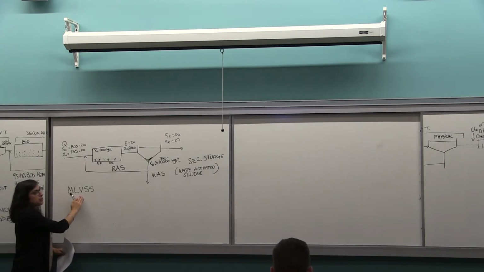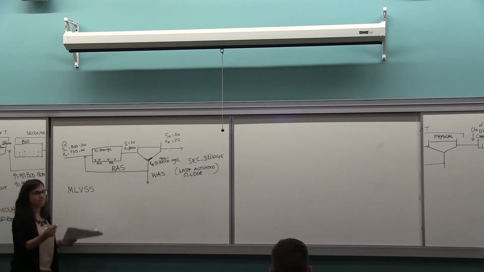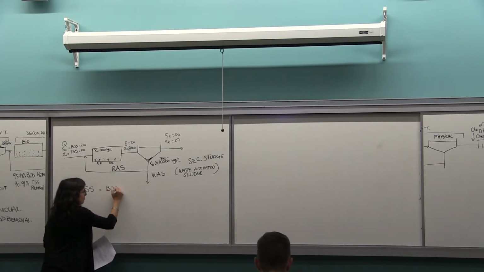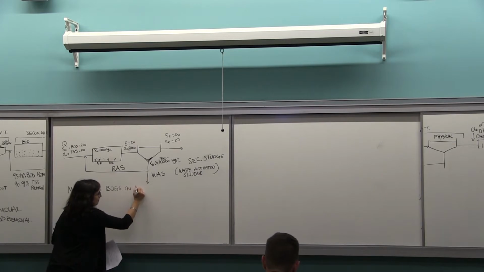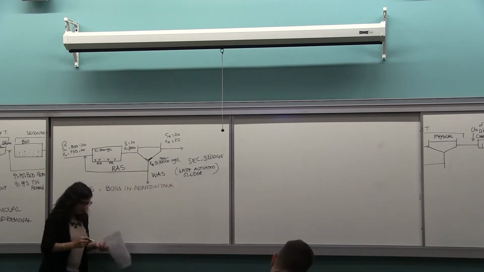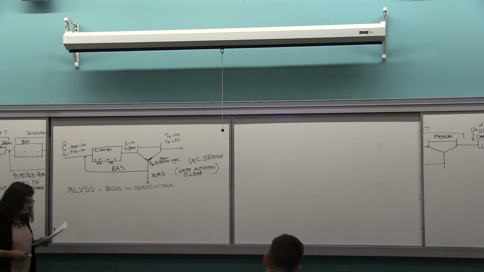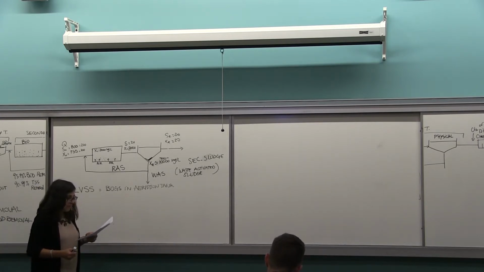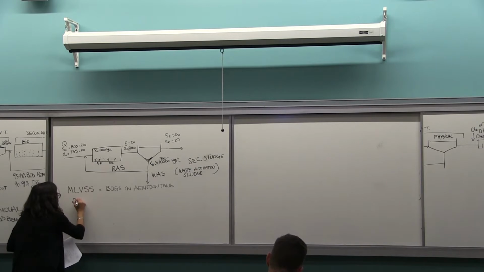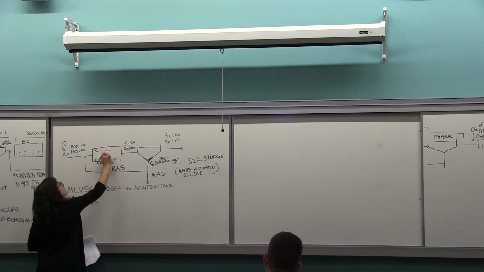So mixed liquor VSS is pretty much the bugs in the aeration tanks. 2,200 milligrams per liter.